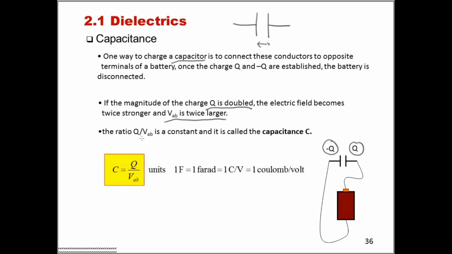This realization tells us that the ratio between the charge on the plate and the voltage across the device is a constant. And this constant is called capacitance. So every capacitor is characterized by its capacitance, C, which is defined as the ratio between the charge and the voltage required to place that charge on the plates. The unit for capacitance is the farad, where 1 farad is, given that definition, 1 coulomb per volt.